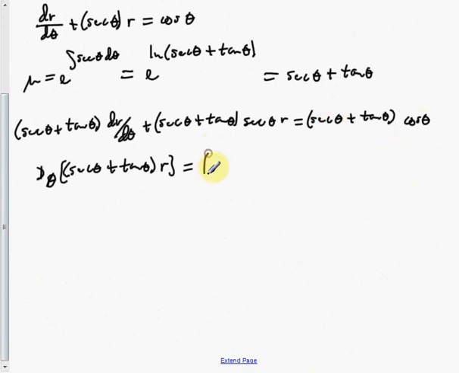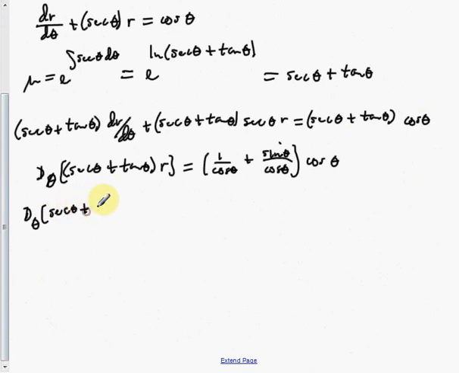Now, if you will, I want to write it out. So secant theta is 1 over cosine, plus tan is sine theta over cosine theta. Just write that integrating factor out, times cosine theta.